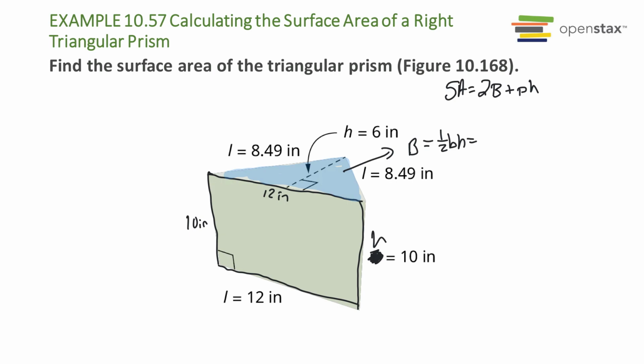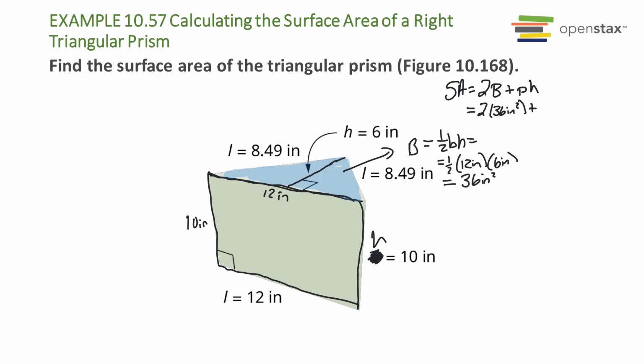Now this is talking about the triangle. So it's 1/2 the base of the triangle, which is that 12 inches, times the height, which goes down the center, in this case 6 inches. And so 1/2 of 12 is 6, times 6, so this is going to be 36 inches squared. So big B is 36 inches squared, and we have 2 times that, plus the perimeter.